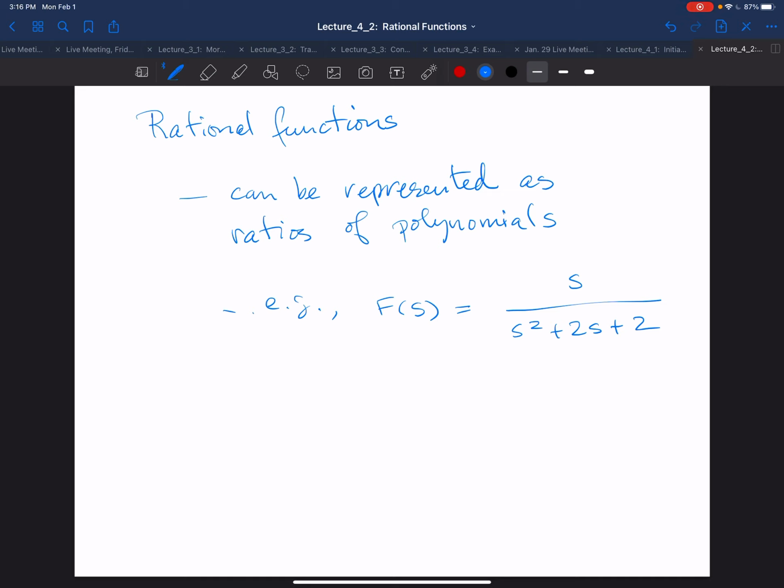And the rational functions, you can think of them as being kind of a generalization, if you like, of the rational numbers. So as with rational numbers, we can cancel out any common factors.